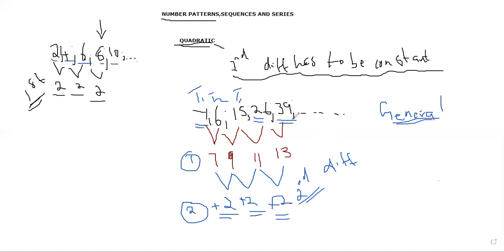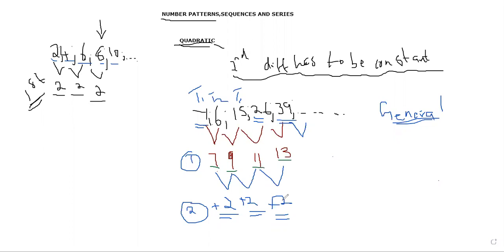For you to be able to give them term 6, you must first add here. Let me try to erase it. So you must try to add here first, right? We can see that we've been adding 7, 9, 11, and 13, right?